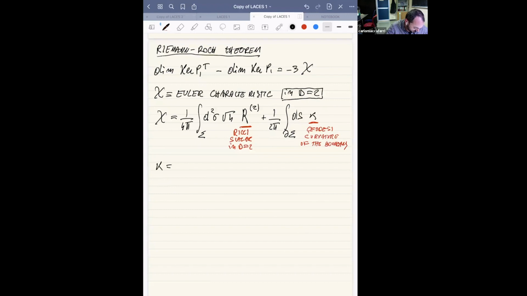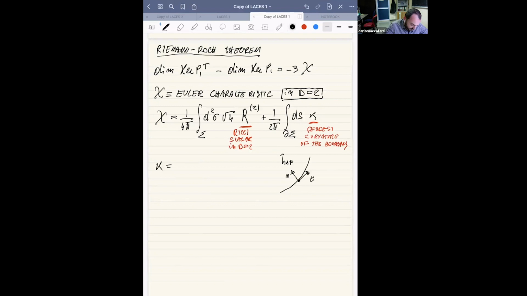The definition is pretty simple. If we have our piece of worksheet, it has some boundary. So this is the boundary of our worksheet. On any point in the boundary, since in my worksheet I have a metric h, I can define a tangent vector and a normal vector, t and n.